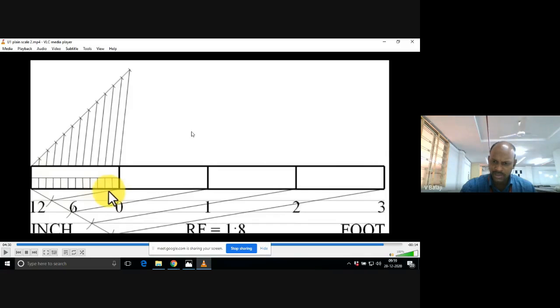We call this a plane scale because you can see the relation between one main unit and its subunit only, only two units simultaneously. If you want more than 2 units simultaneously, then we need to go for a diagonal scale or vernier scale.